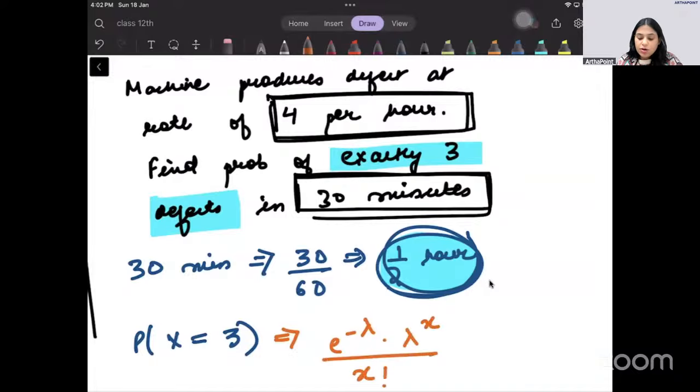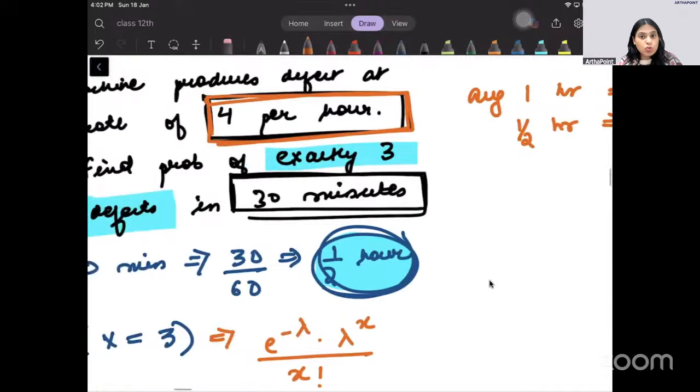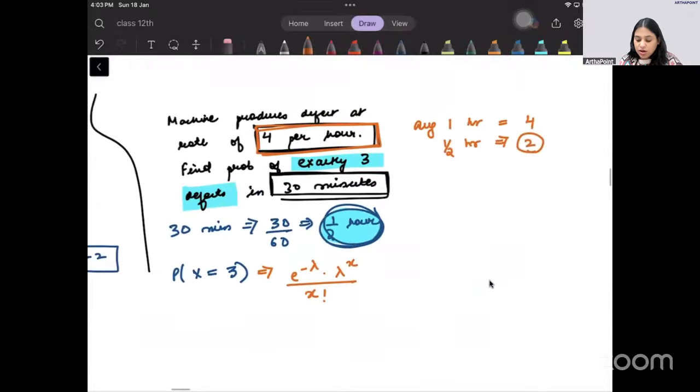Now look, the machine produces 4 in 1 hour. How many average defects are there in 1 hour? In 1 hour, defects are 4. But the question is asking for half hour. So in half hour, average defects will be 2. So the value of lambda will be 2 here. This will be the answer. Doubts?